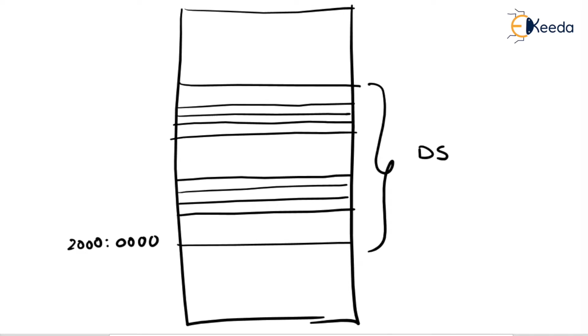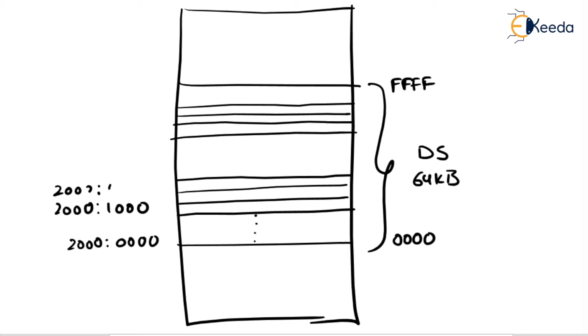This is the data segment, its size is 64 kilobytes, and it varies from 0000 to FFFF. Offset address means how far the location is from the base address. Let us consider 1000, then 2000:1001, then 2000:1002.